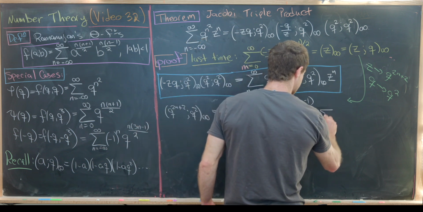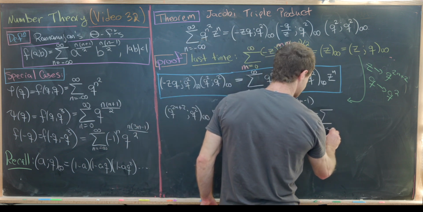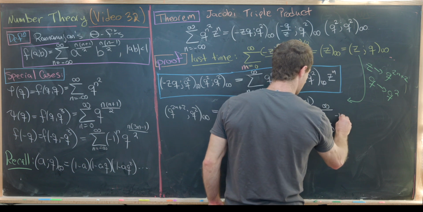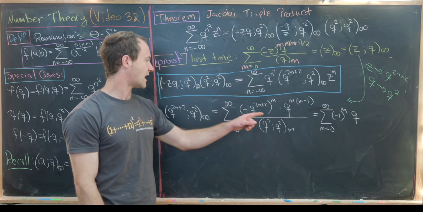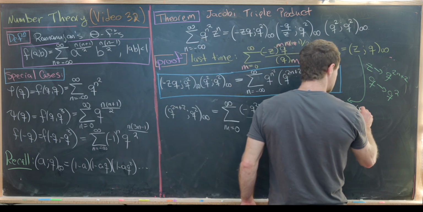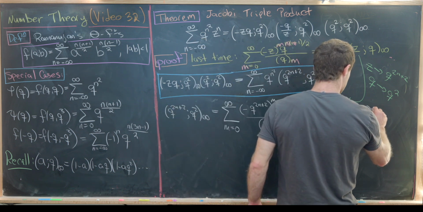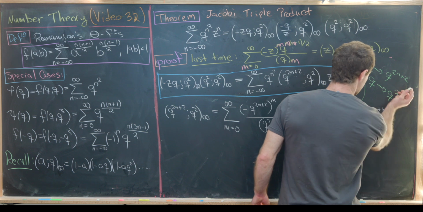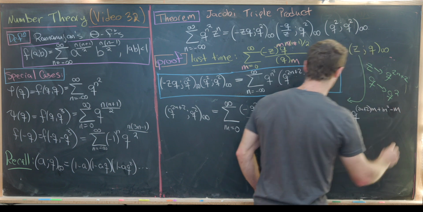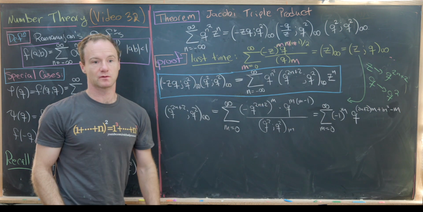We'll have this sum as m goes from 0 up to infinity, minus 1 to the m. I'll just take that out. And then we'll have q to the 2n plus 2 times m plus m squared minus m. So that's just using exponent rules on this.